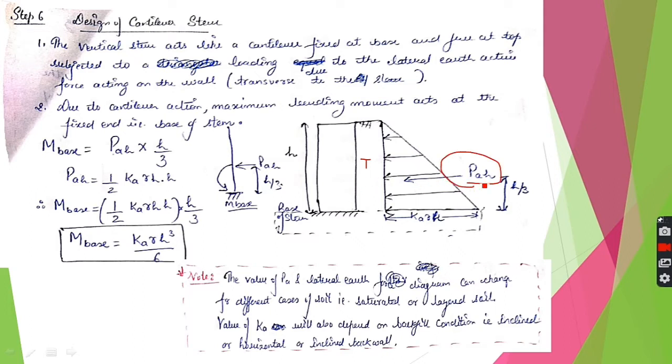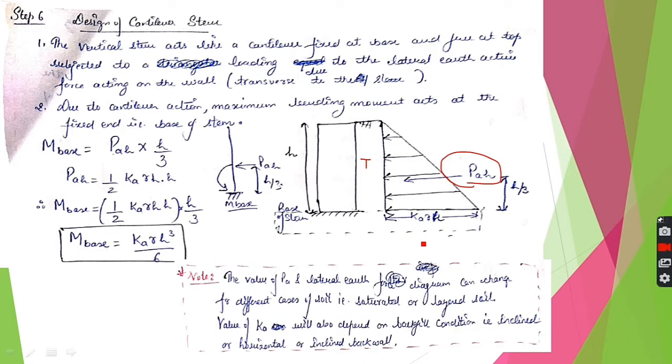So we will calculate, we will be having this force PAH. So first we calculate the earth pressure, and then we calculate the PAH. Why I am saying we calculate earth pressure earlier, because if you are having certain saturated soil here, or if you are having soil with different layers here, the lateral earth pressure diagram will not exactly be like this.